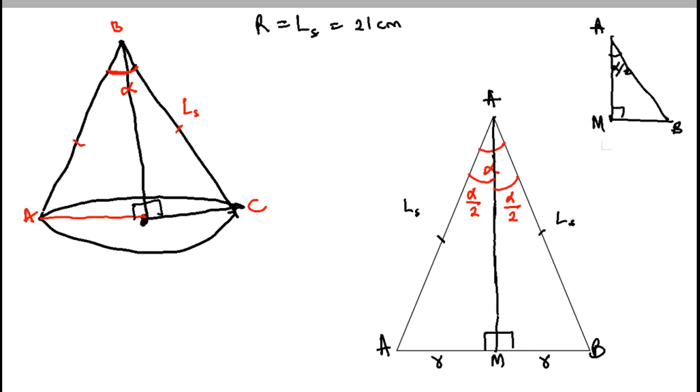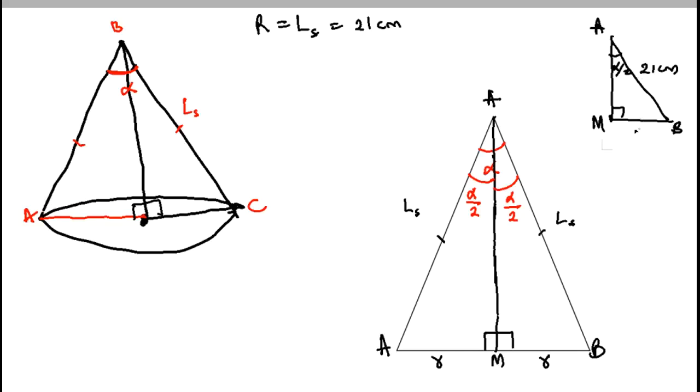My target is to get this alpha here. We know the slant height is 21 centimeters, but we need the radius.